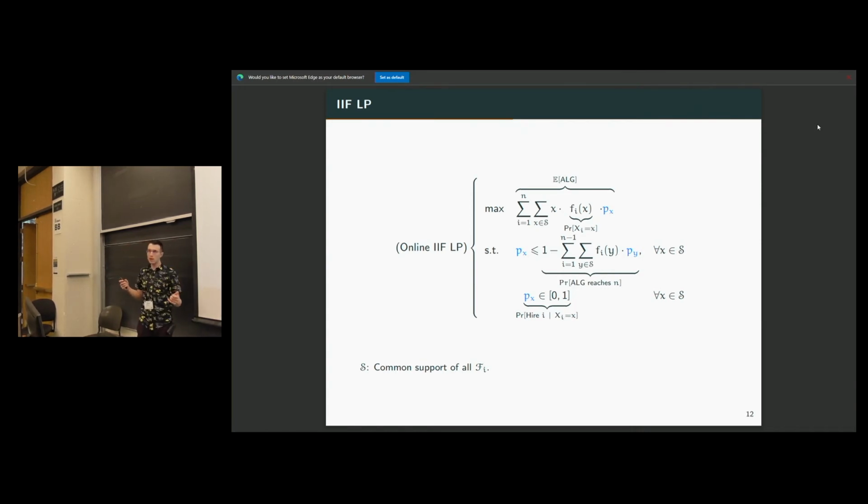So you have one variable p of x for every support point, which should be interpreted as the probability of hiring a person given that they have this value x. And because of the IIF constraint, there is no dependence on i here, so I can just call it p of x. The objective is just the expectation of the algorithm expressed in linear terms using the variables and the distributions f_i of x of the random variables.